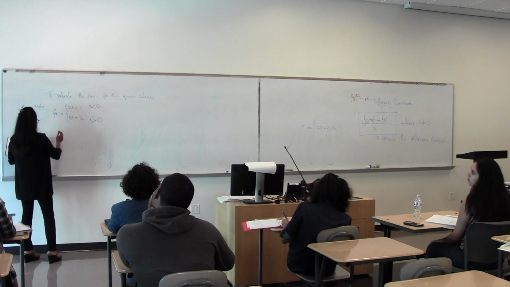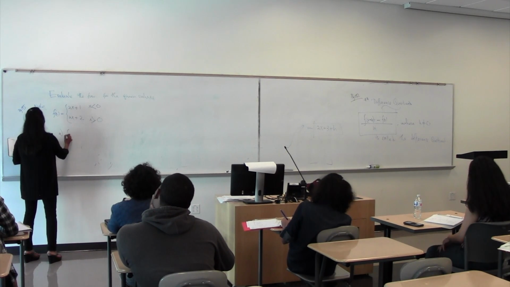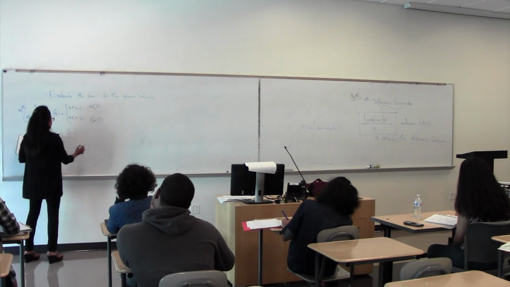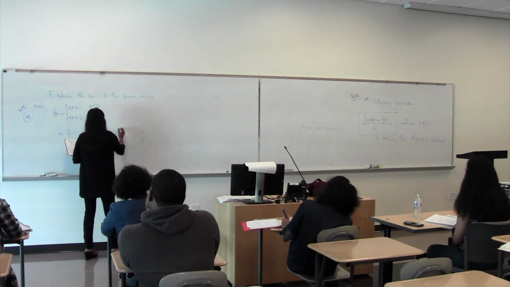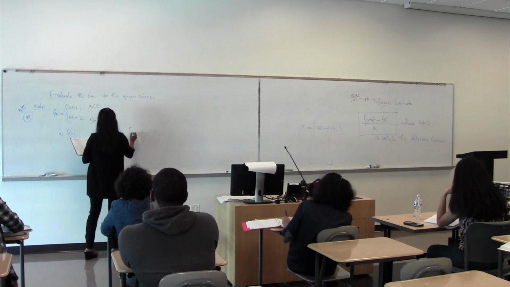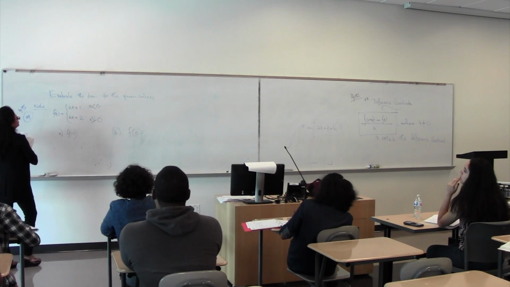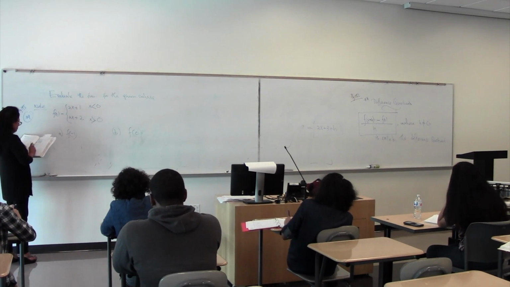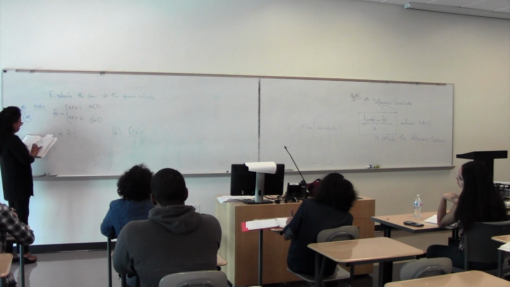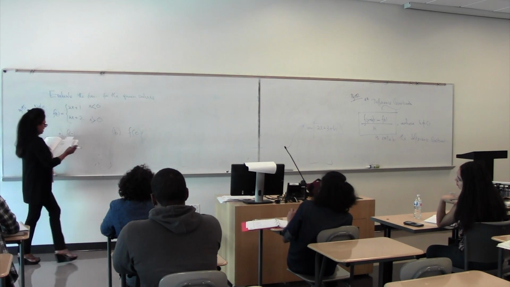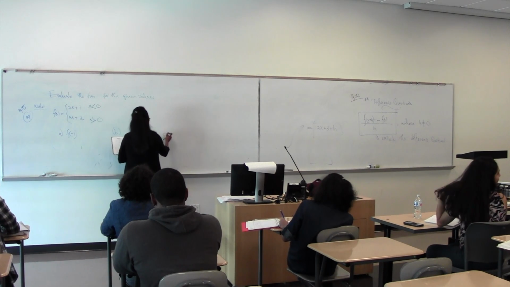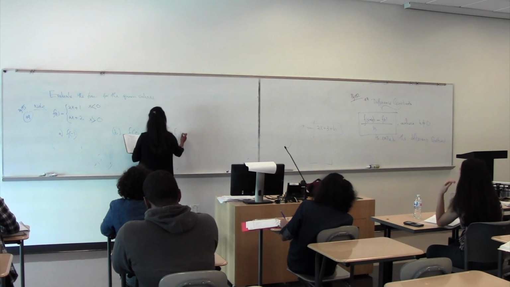Part A is find f of negative 1. Part B is find f of 0. Is that greater than or equal to? The second one, the 2x plus 2. And part C is f of 2.